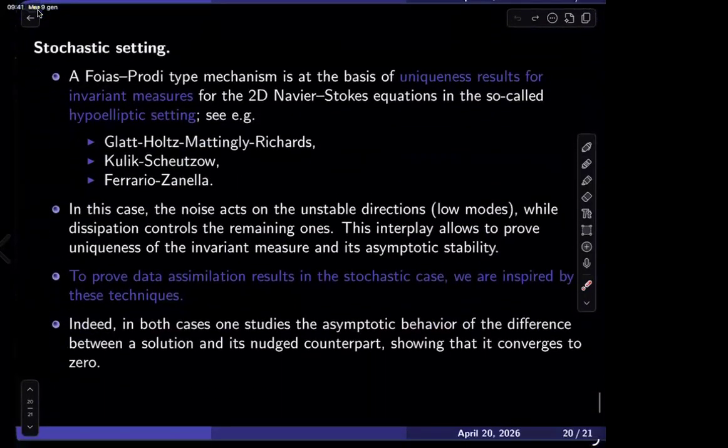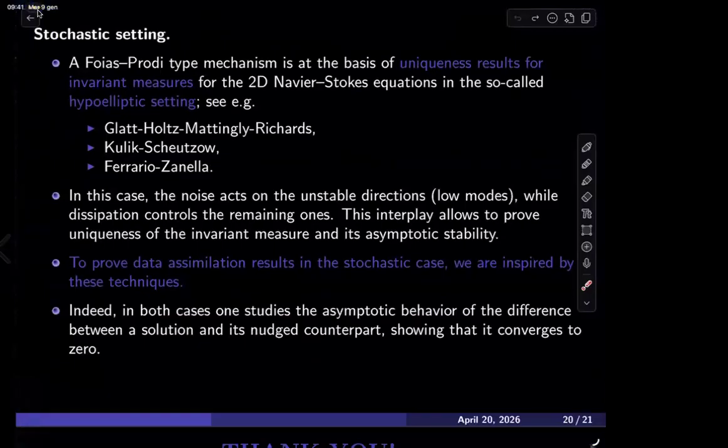And in the stochastic setting, you have basically the same idea. Roughly speaking, when we prove our results for data assimilation, we basically use the same technique that you use to prove uniqueness of the invariant measure in the so-called hypoelliptic setting. There are a lot of papers concerning this kind of study.